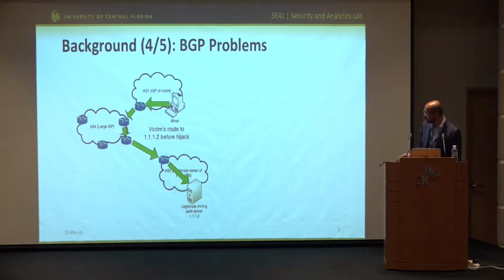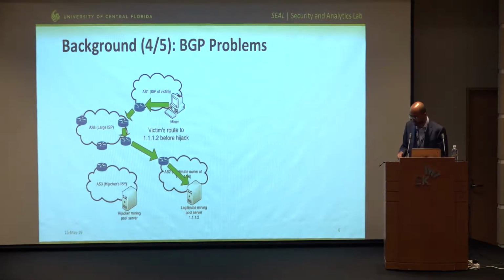Again, with the previous example, let's say we have a legitimate mining pool server, your favorite application of cryptocurrency. And then you have a miner. The miner wants to push some information to the mining pool server. Then it would use a well-defined route over BGP.